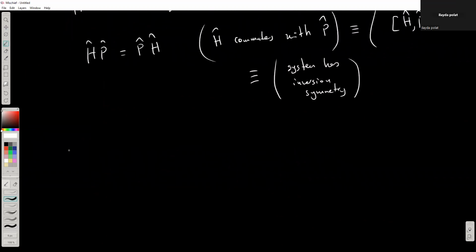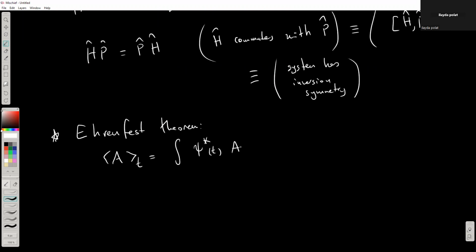This is also related to something else called the Ehrenfest theorem. We consider the time-dependent expectation value of some observable A, for example, the wave function at time t, A hat, phi of t, integrated.